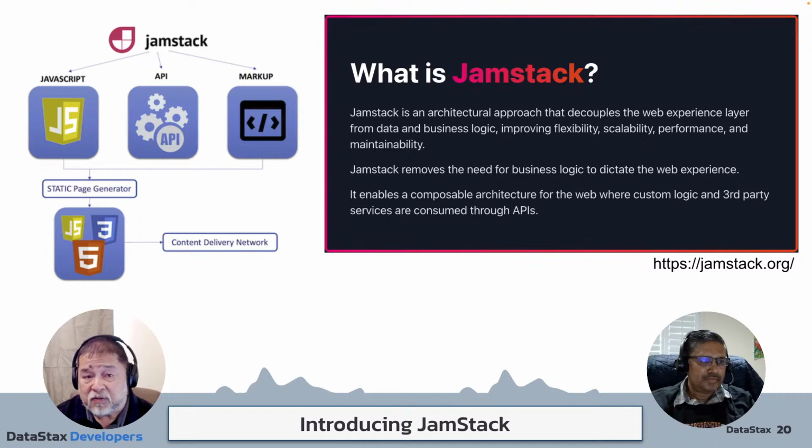So in Jamstack, you have JavaScript, you have APIs, and you have markup, and then you generate static pages. What's the benefit of that? Those static pages, which contain JavaScript, CSS3, and HTML5, can be deployed and served by a content delivery network. So you don't need a lot of server-side processing for what are essentially static pages. It's a pretty cool concept and pretty efficient.